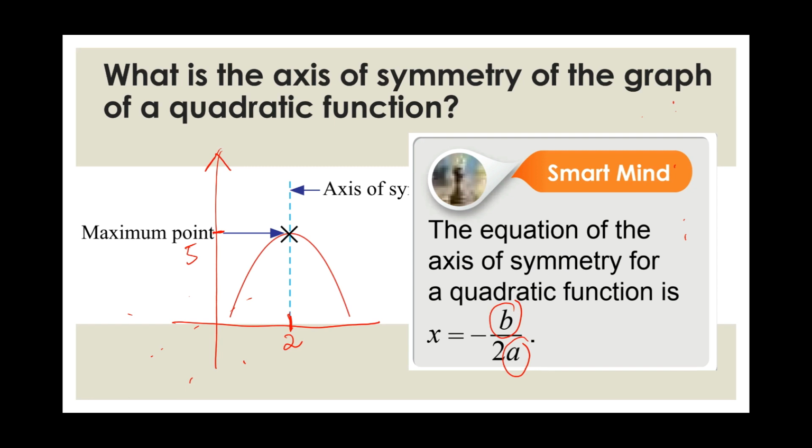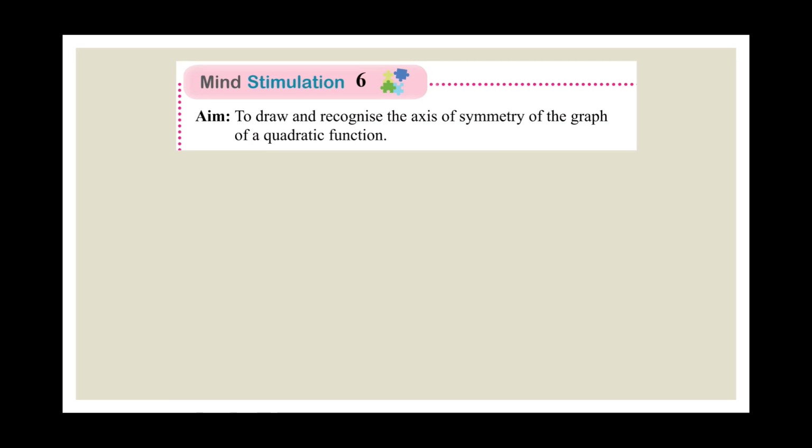X equals... X is equal to 2, because it cuts through the number 2 here on the x-axis. Don't worry, I'm going to go further so that you understand how to draw and recognize the axis of symmetry of the graph of a quadratic function.